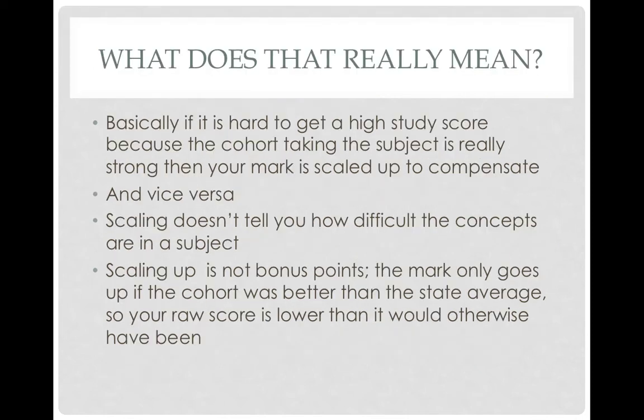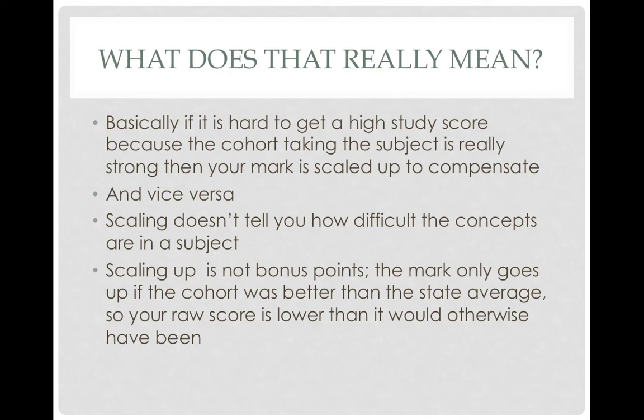Okay? But what does it really mean? It essentially means that if you take a subject that's really competitive, so therefore it was really, really hard to get a high study score, then your mark's going to go up. If you take a subject that was not so competitive, but therefore it was relatively easy to get a high study score to start with, then your mark's going to be scaled down.